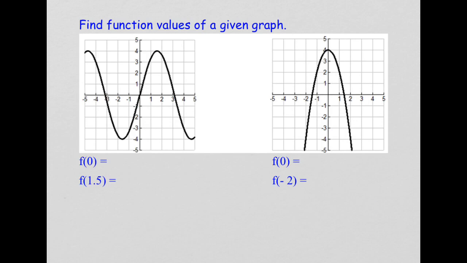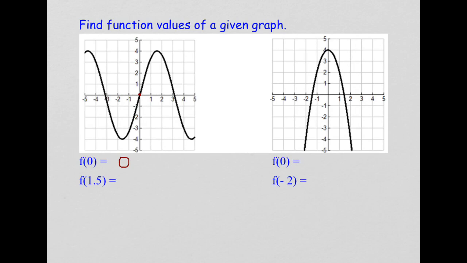Now we want to find function values of a given graph. We're looking for f of 0, and we want to find out what the y value is at f of 0. Well, f of 0 is where x is 0, right here. Well, we notice if we're right there that our y value is also 0. So f of 0 equals 0.